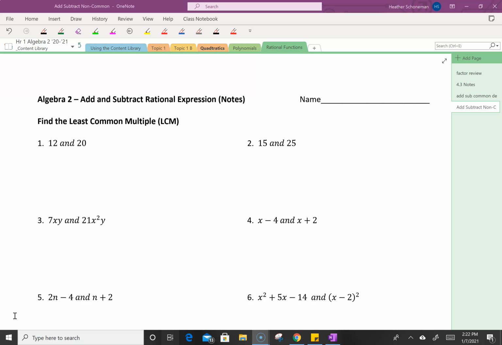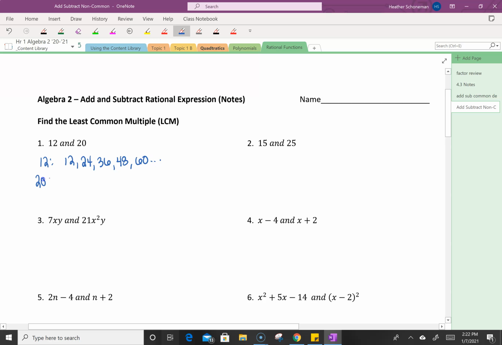So I want to practice first finding the least common multiple so we're more comfortable with it when we start adding and subtracting. What we've done a lot this year with factoring is greatest common factor, but that's not what we want. The greatest common factor is the largest number that divides into both, but that's not what we're looking for here. With least common multiple, and I'm not saying you have to write it out this way every time, but just something to think about, the multiples of 12 would be 12, 24, 36, 48, 60, right?